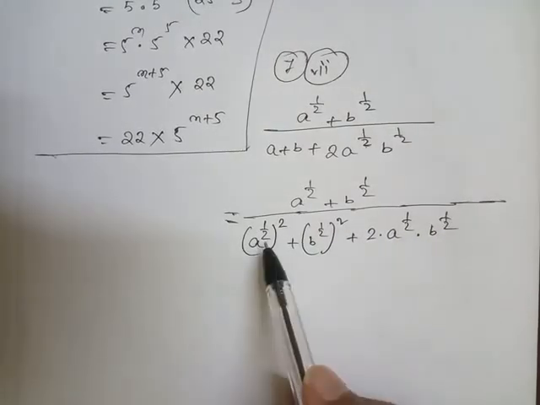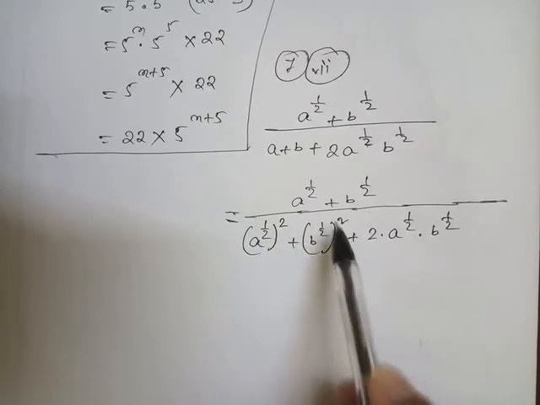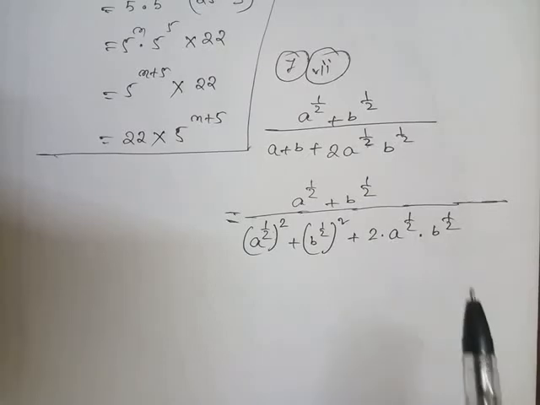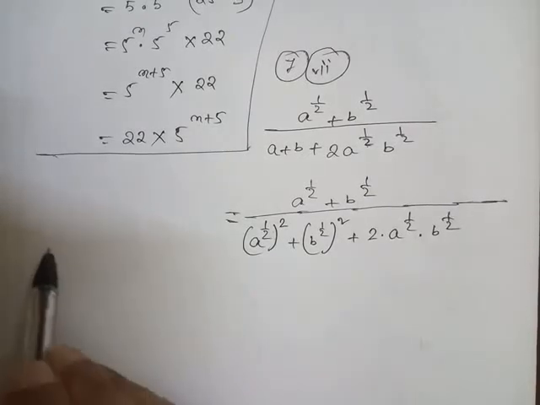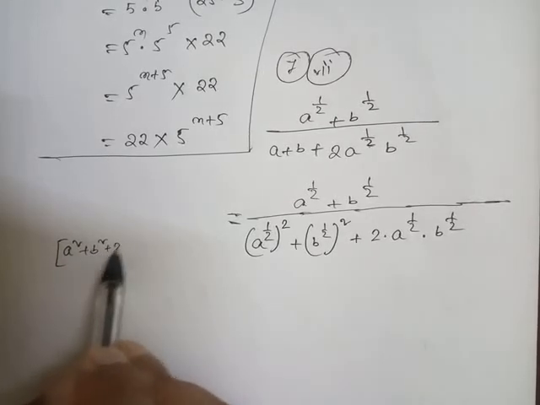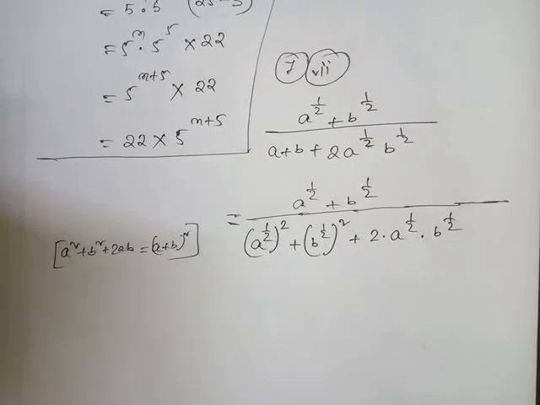Now look, as a whole it's looking like a square plus b square plus twice ab, which means the a plus b whole square formula.